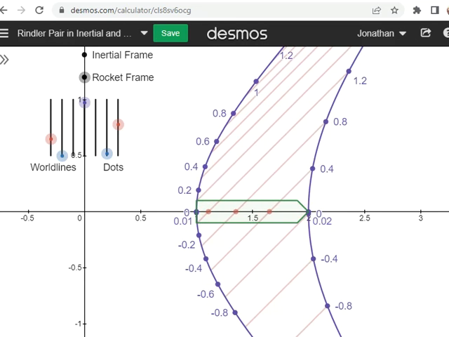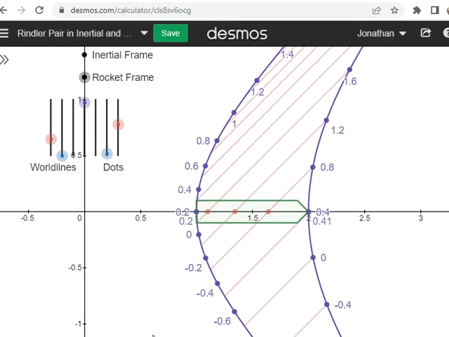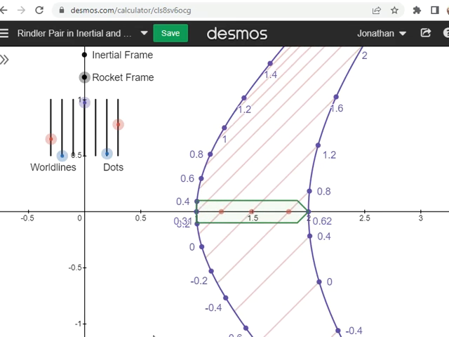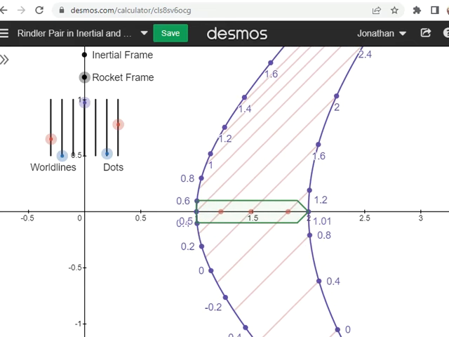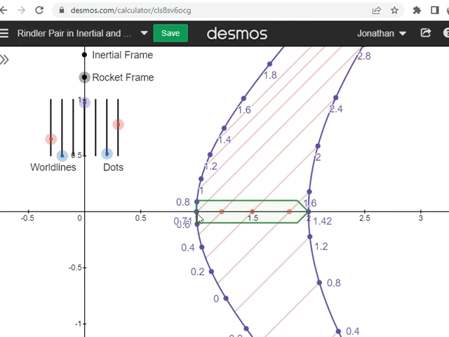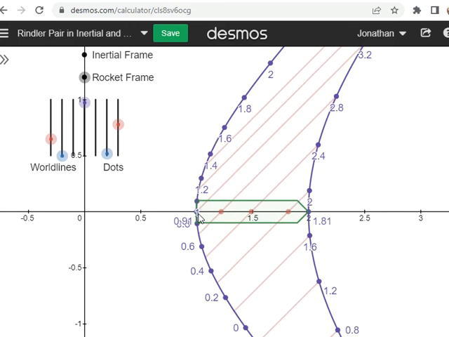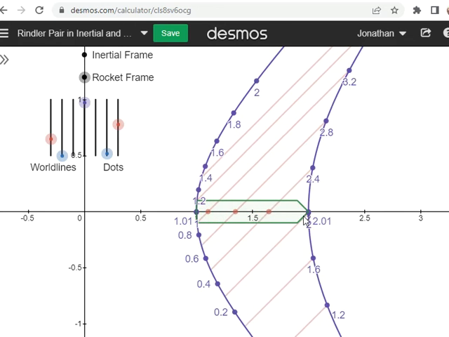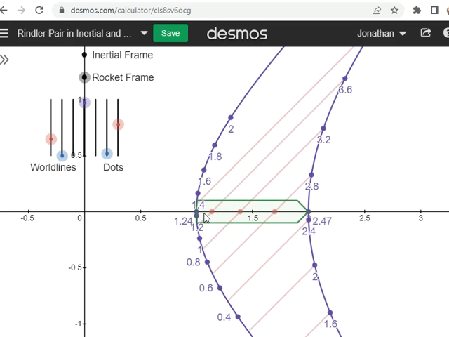Now let's focus on photons moving from the back of the rocket to the front of the rocket. Those photons are redshifted, meaning that the frequency as they come out of the back of the rocket is less than the frequency as they go into the front of the rocket.